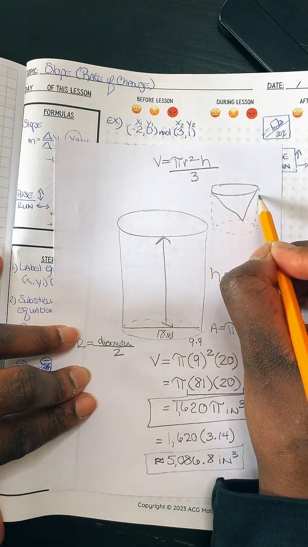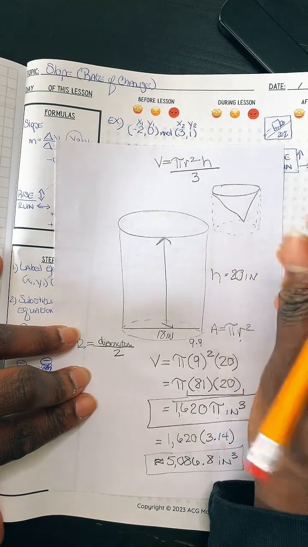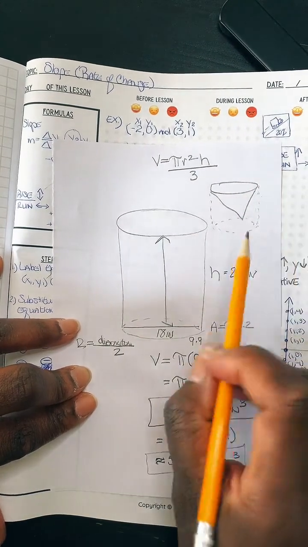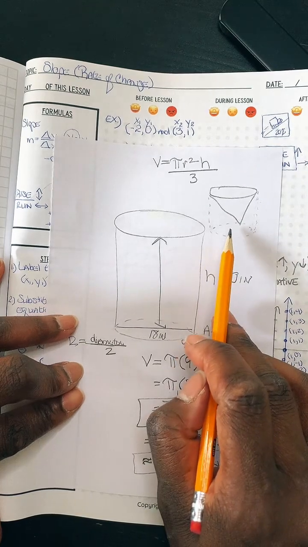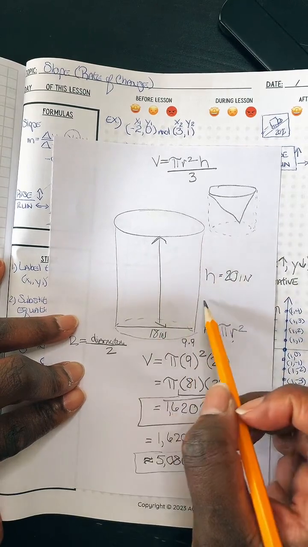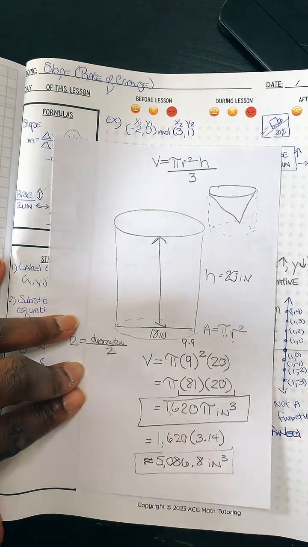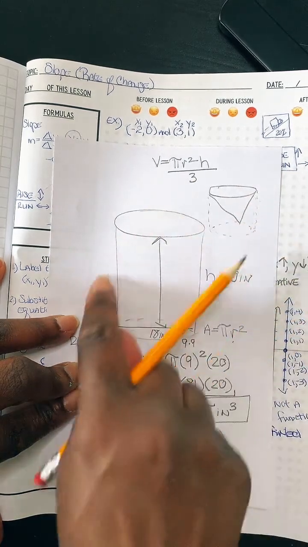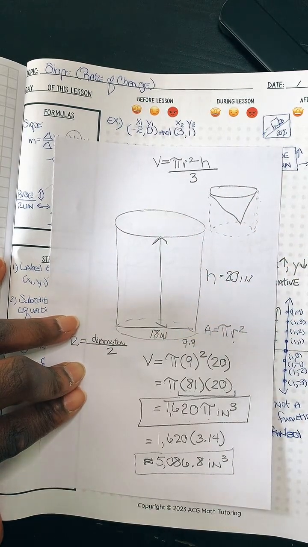Let's just pretend that was really straight. So a cone is basically 1/3 of a cylinder. So if they ask which one has the most volume, it's going to be the cylinder, because for a cone, you have to take 1/3 of how much a cylinder holds.